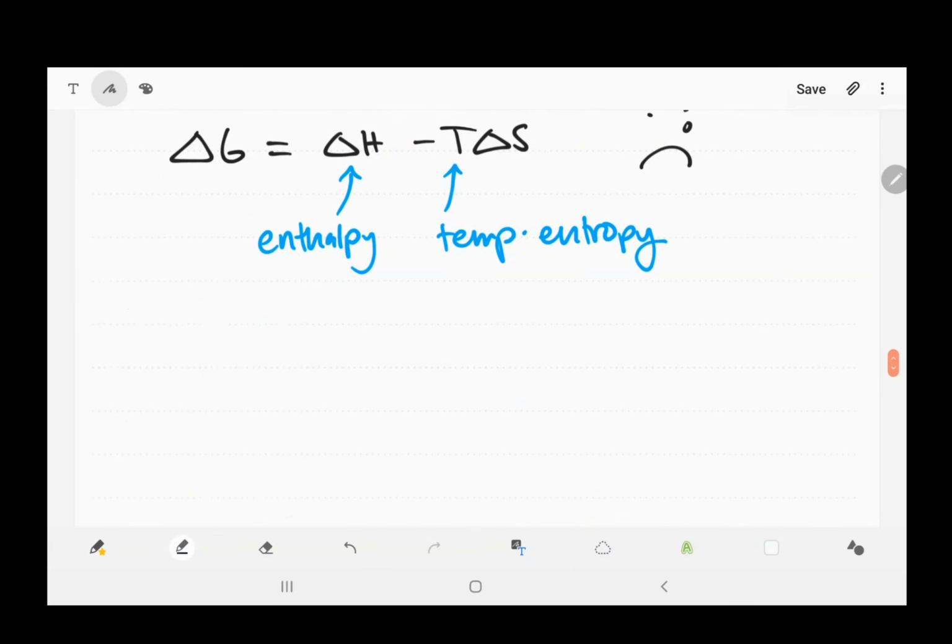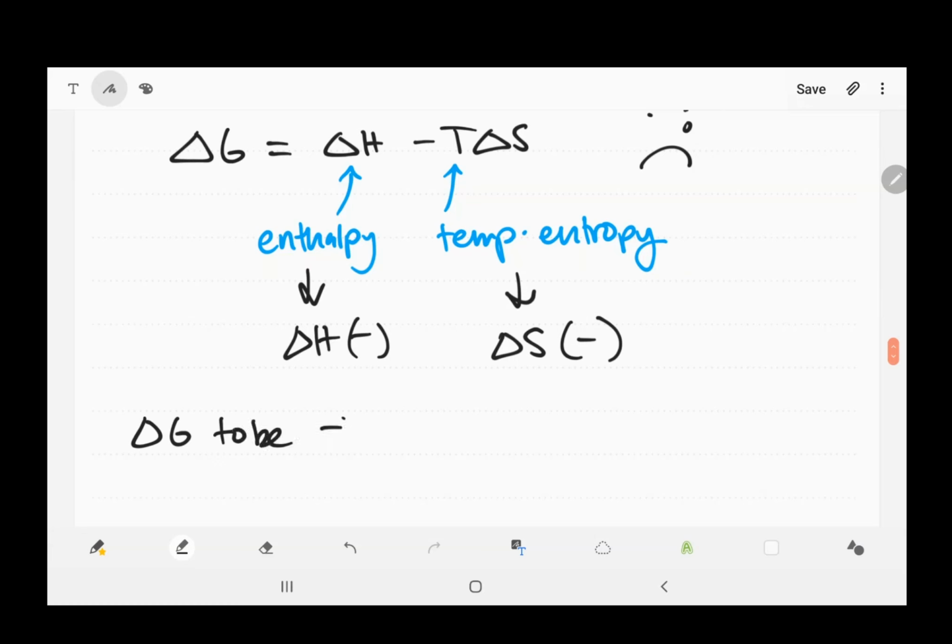Remember, these are exothermic, but our delta S is also negative. So, in order for delta G to be negative, we need a lower temperature for spontaneous reactions to happen.